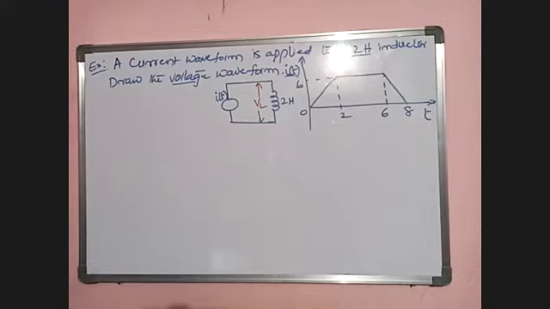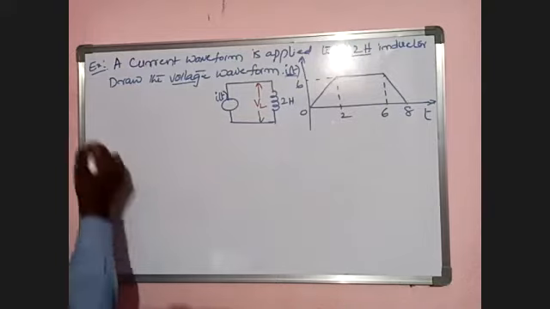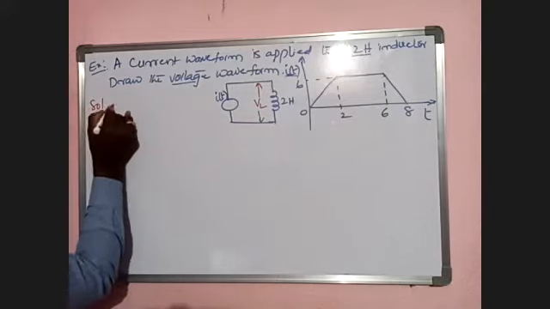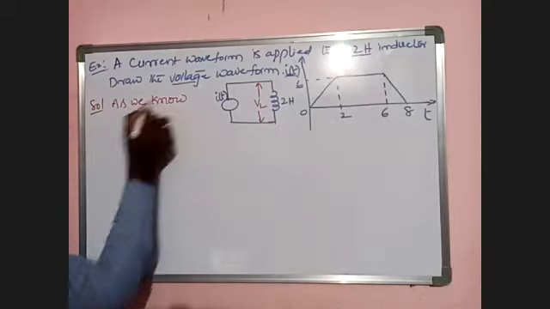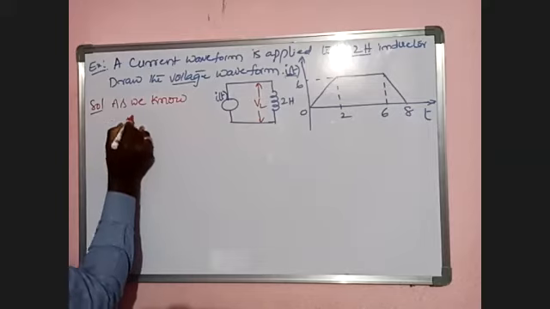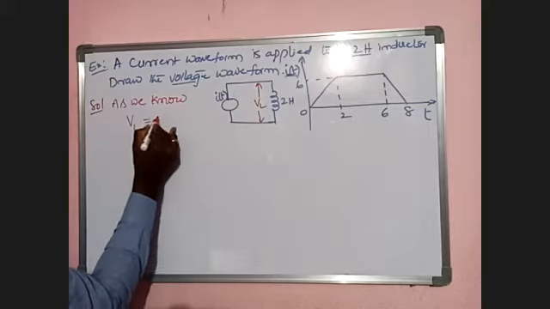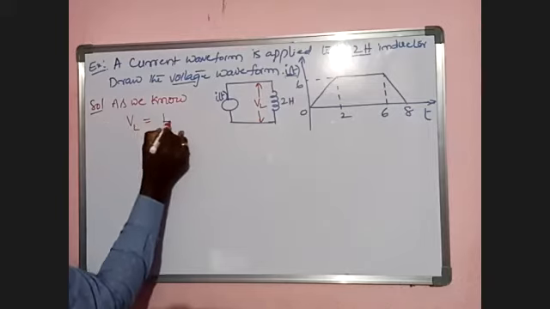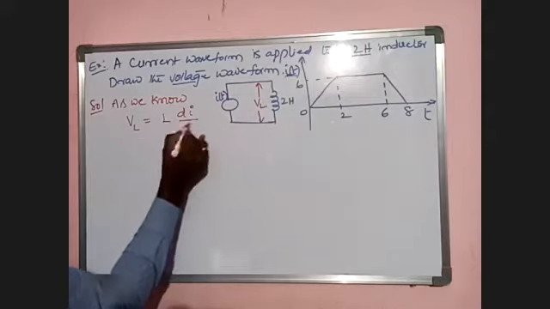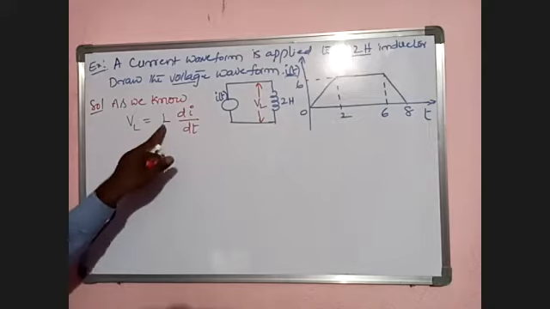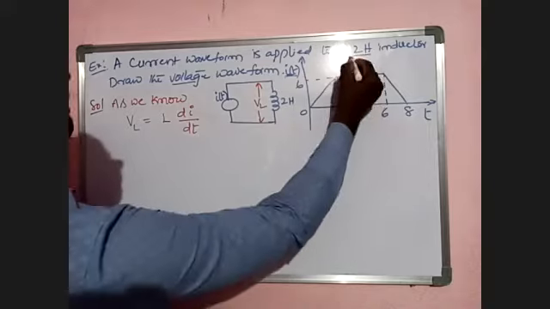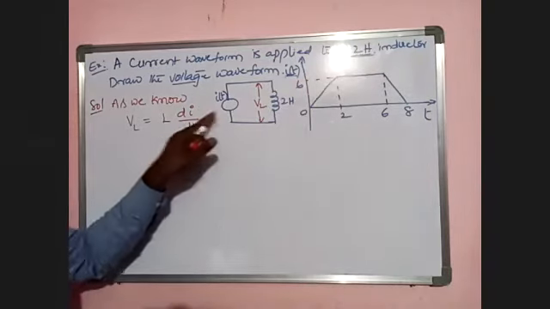As we know, VL is equal to L into di by dt. Here L is given already. L is 2 Henry. I is given in terms of a waveform.